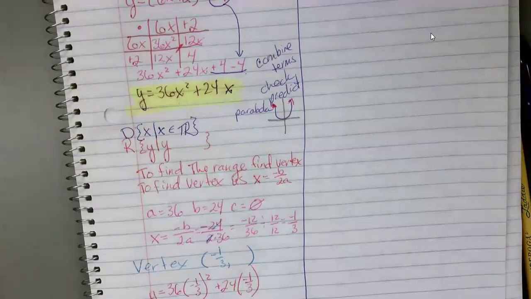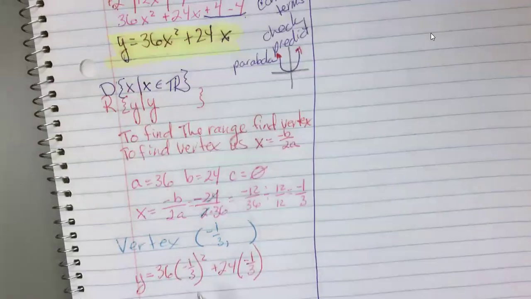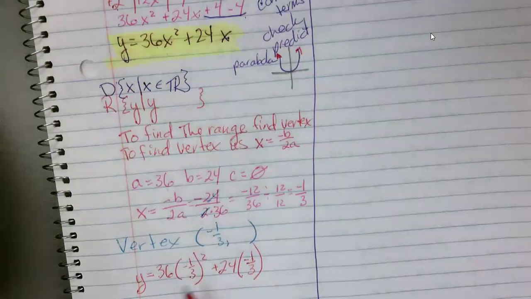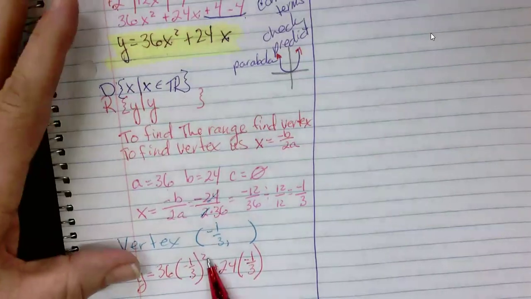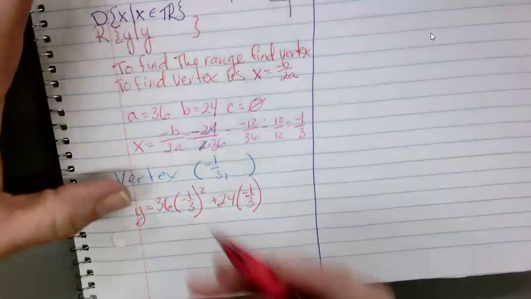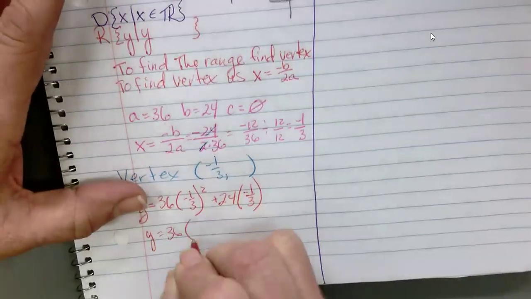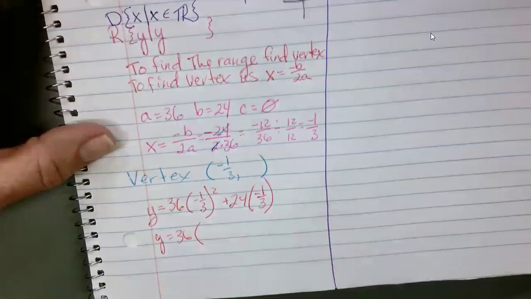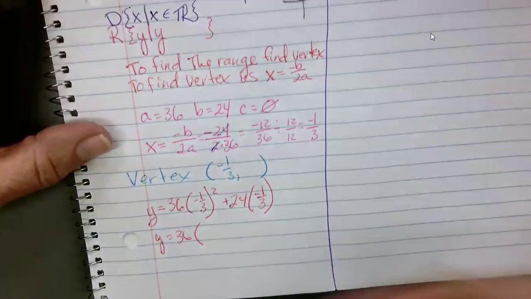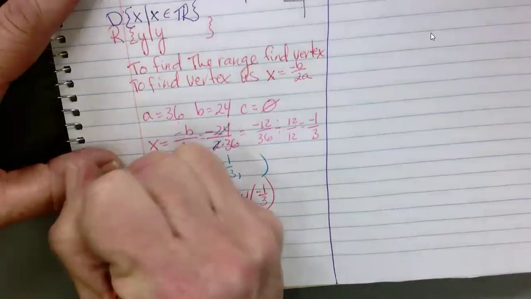Now, I can see that 3 would go into 36, but I cannot reduce first. I have to do the exponent first, right? So let me do the exponent first. So we've got y equals 36 times, and then I'll do this out to the side for anybody who needs it, negative 1/3 times negative 1/3, right?